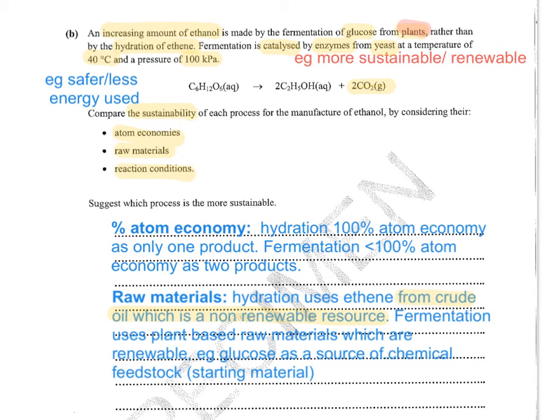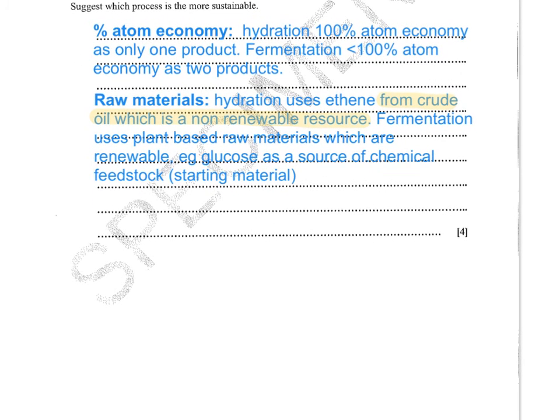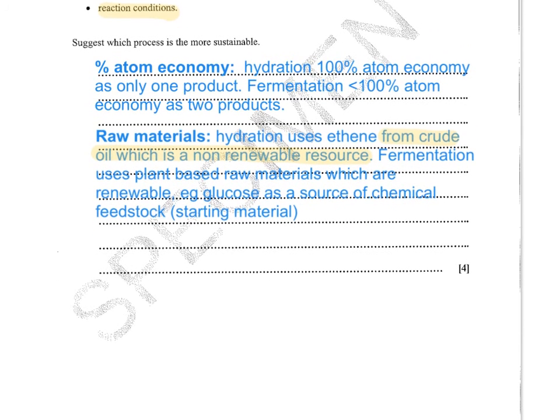So fermentation, on the other hand, uses plant-based raw materials, which are renewable because plants grow much more quickly compared to the production of crude oil, which takes millions and millions of years. So it's not really considerable as a renewable resource. So finally, what we're going to talk about is the reaction conditions.